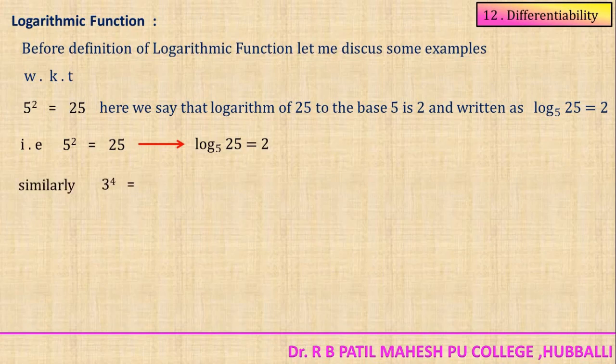Similarly, if we have 3 raised to 4, you know that it is 81. This implies log of 81 to the base 3 is 4. Another example, 4 squared is 16. So what we say here, log 16 to the base 4 is 2. Okay, so here remember, the logarithm of a number is nothing but the index of the base.